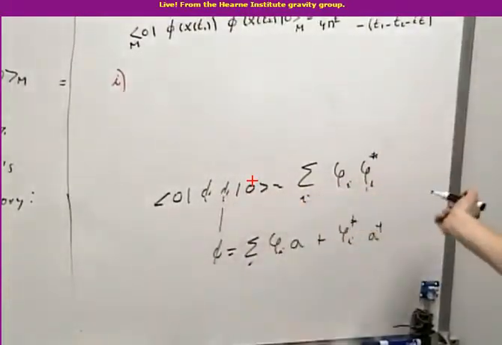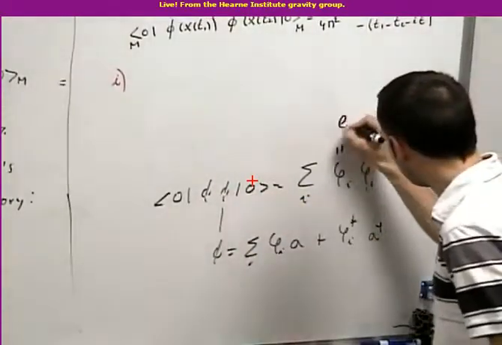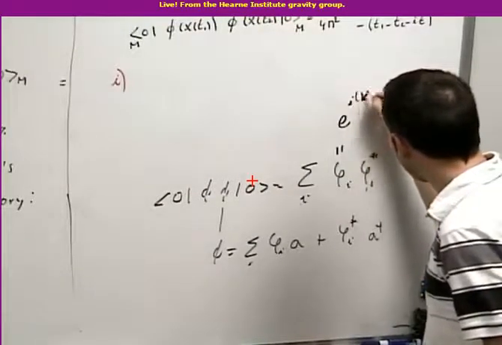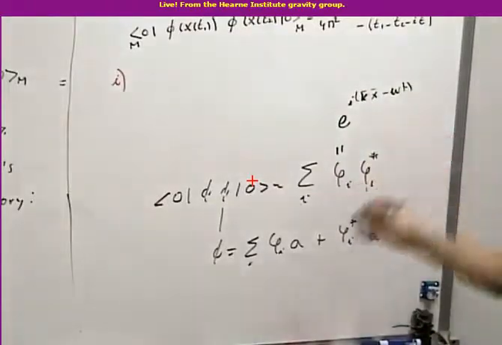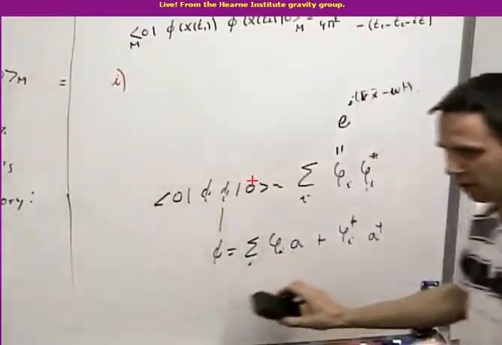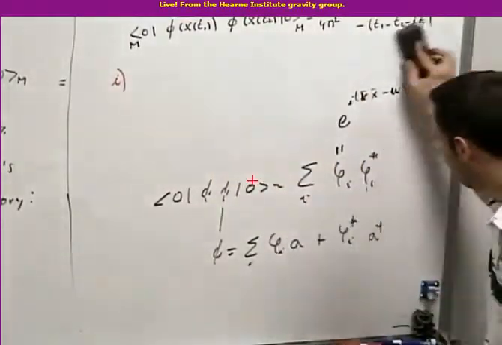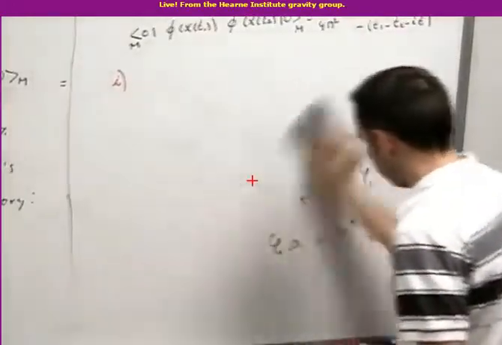So it's a sum over modes. And the modes here are trivial, e to the i kx minus omega t. Go to chapter 2 and it's explicit. Very standard computation.